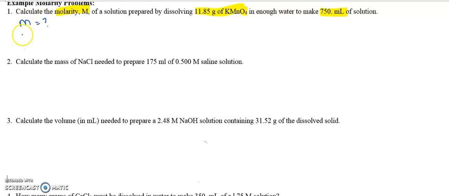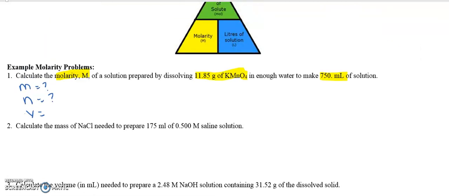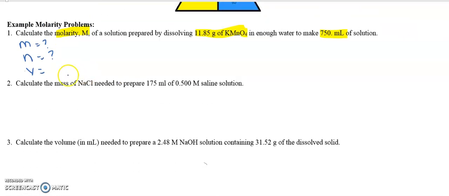I don't know moles yet, but I know mass, and I know V, my volume. Now, according to the formula, volume has to be in liters, so I'm going to convert this to liters.